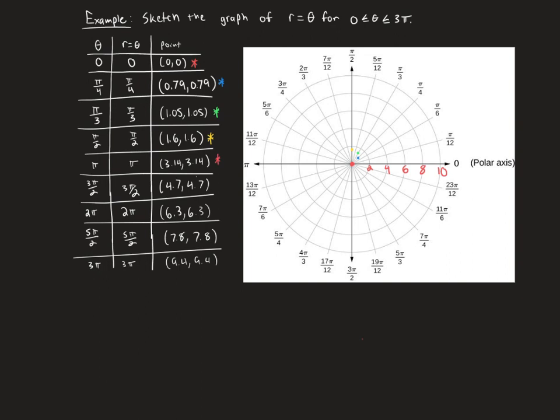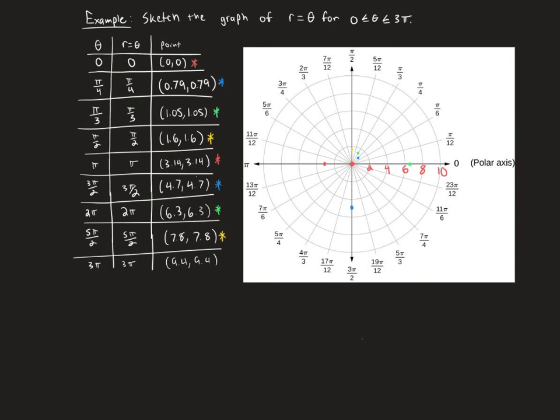At pi, we're just past 3, so out to there. 3 pi over 2, we're at 4.7, so past 4, but not quite to 5. At 2 pi, we're at 6.3, so we're maybe right out there.